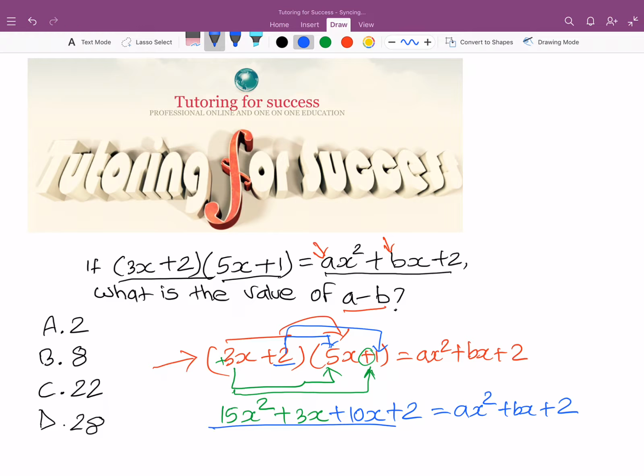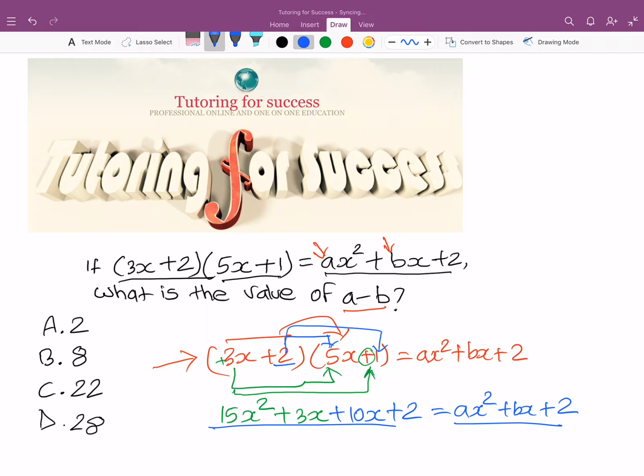All we need to do is simplify this part before we use it as a reference for this side to take the values for a and b. So on this side, let's look at this 15x squared. I'm trying to find if there are any other terms that have x squared in them.